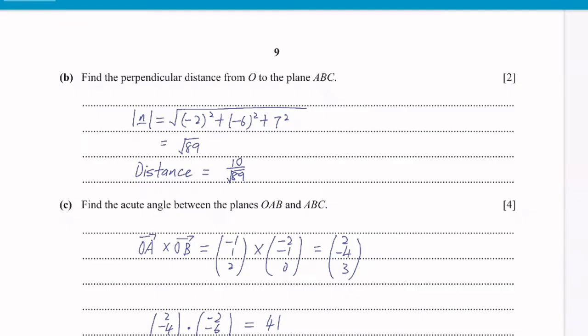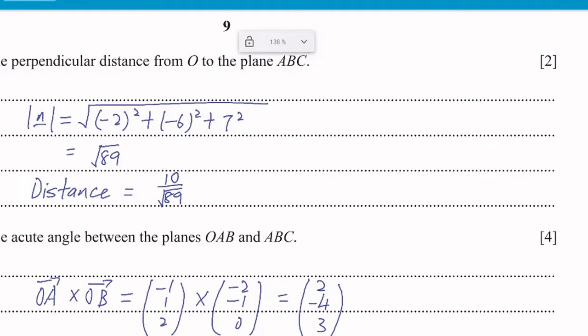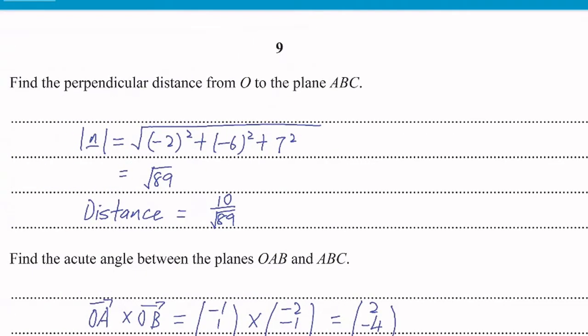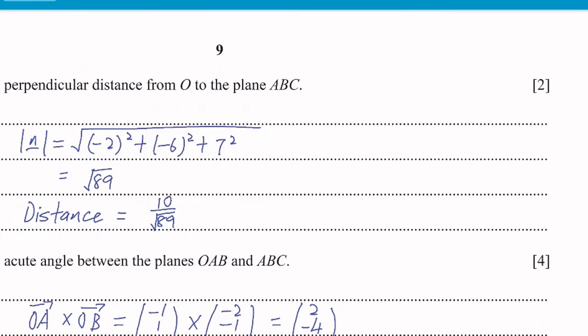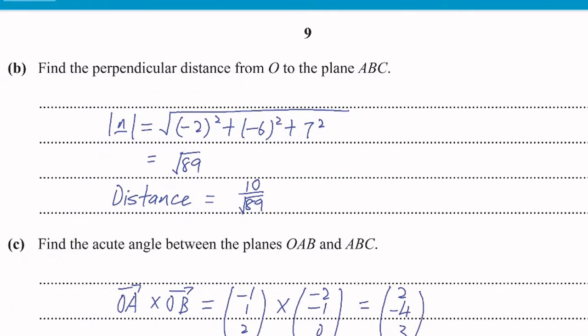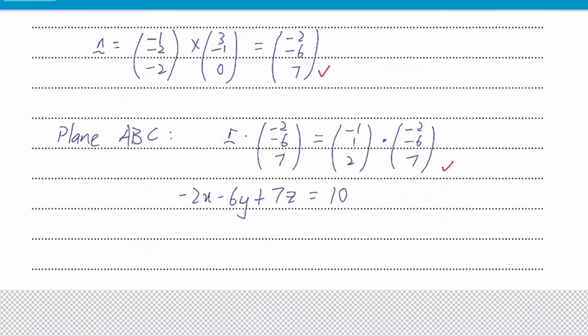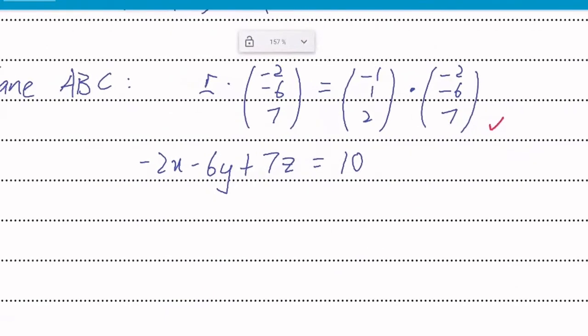And then for part B, this is to find the perpendicular distance from the origin to the plane ABC. You can see the question is just 2 marks, and the space is very short, so it should be something very easy for us to find. In that case, remember there is a special property: if we have the equation of the plane, we just need to divide both sides by the magnitude of the normal.